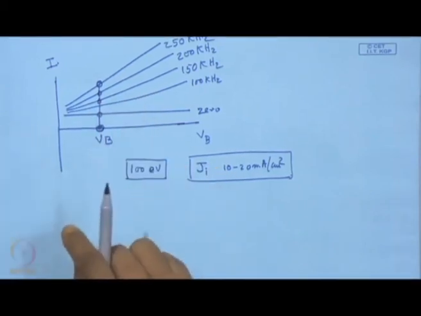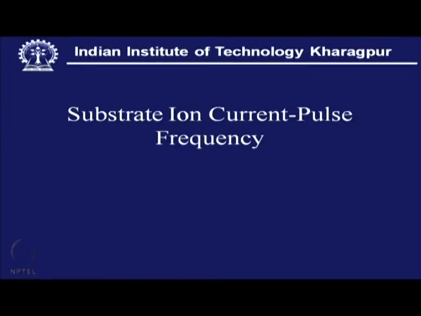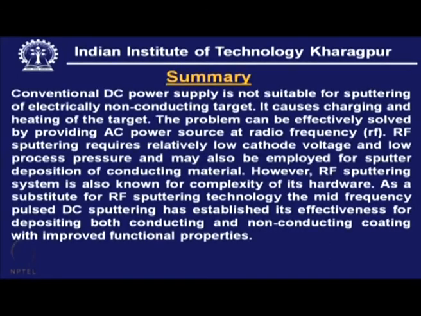So, this is a very important parameter, and we can achieve it just by enhancement of this pulse frequency with this DC supply. With that we come to the summary, which can be stated as: conventional DC power supply is not suitable for sputtering electrically non-conducting targets. It causes charging and heating of the target and finally leads to arc discharge.